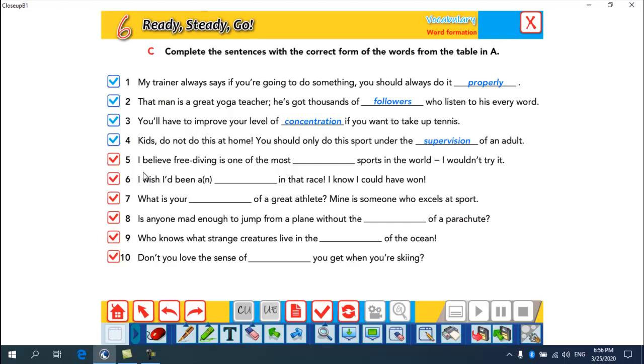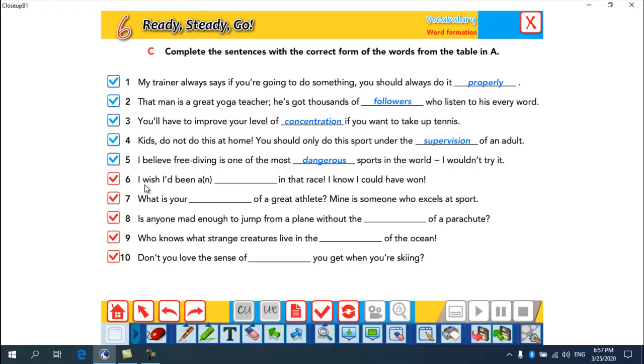Five, I believe free diving is one of the most dangerous sports in the world. I wouldn't try it. So it's the most what? Yes, dangerous.